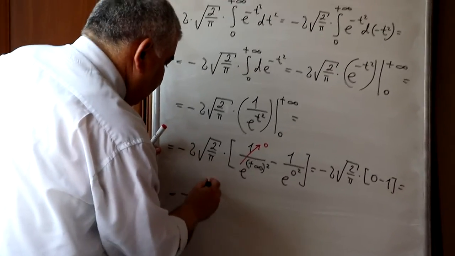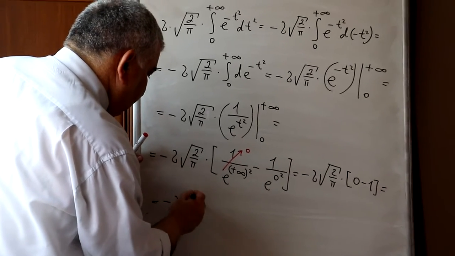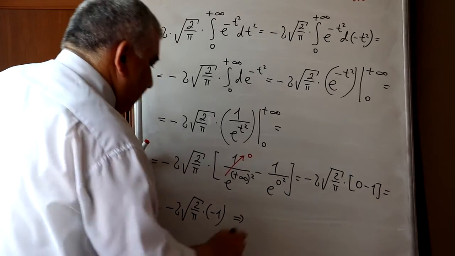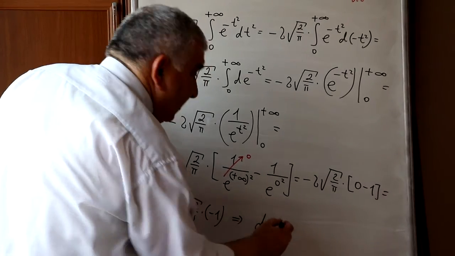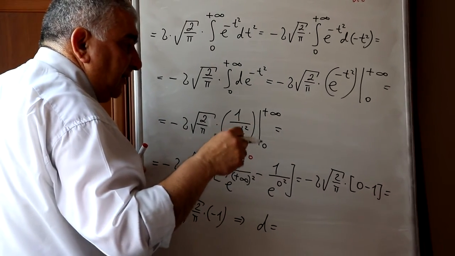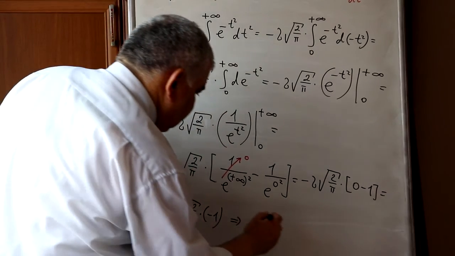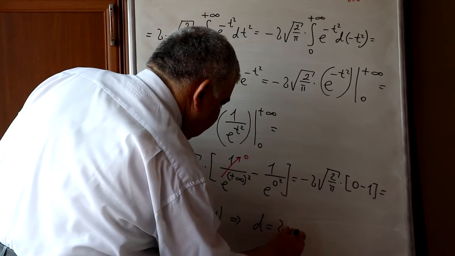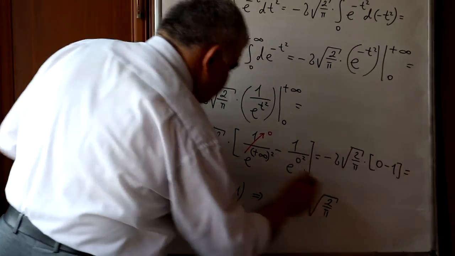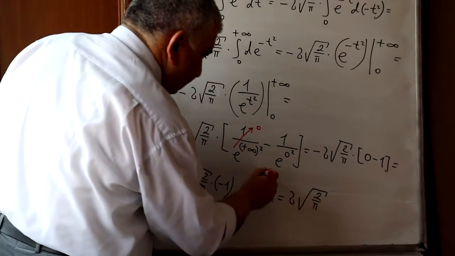Minus sigma multiplied by square root of 2 over pi multiplied by minus 1. And finally we will have that the mean arithmetic error is simply sigma multiplied by square root of 2 over pi. It is our result.